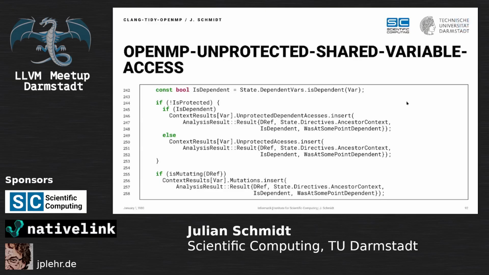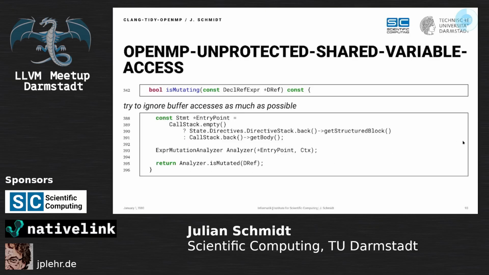And finally, if we have an unprotected access that's dependent, then we save it as an analysis result for unprotected dependent accesses. If it is not dependent, it's just an unprotected access. And if it's mutating, we save that it's a mutation. Now, the interesting thing here is, of course, how do I check if it's mutating? It's basically only using the ExprMutationAnalyzer, which is an already existing analysis in Clang, which we can just reuse.